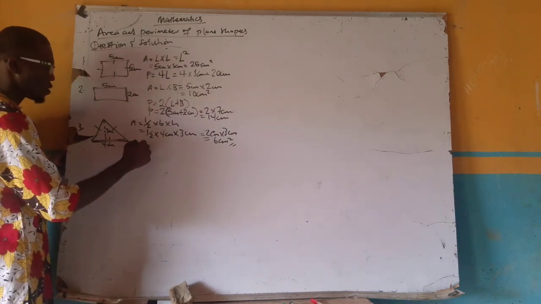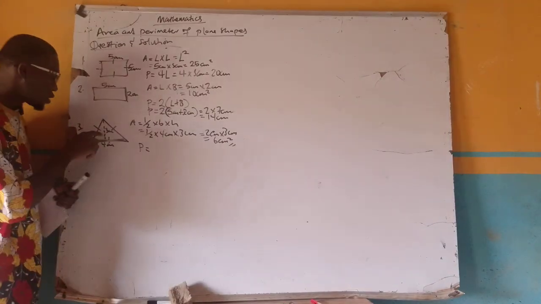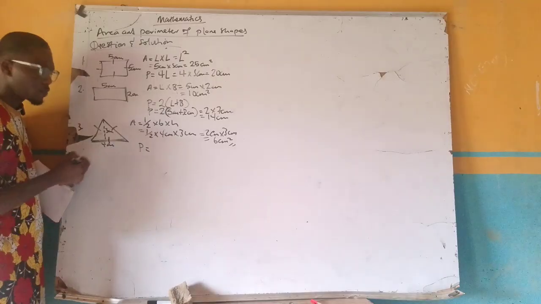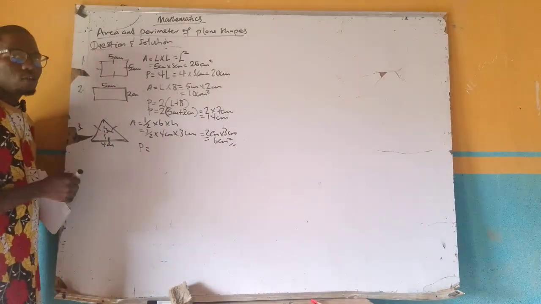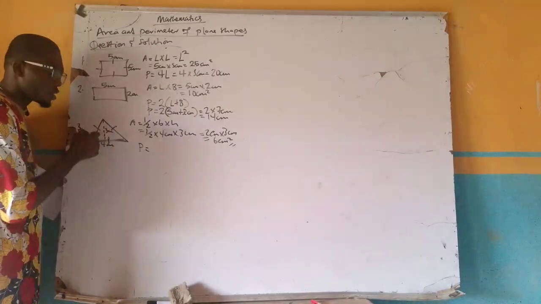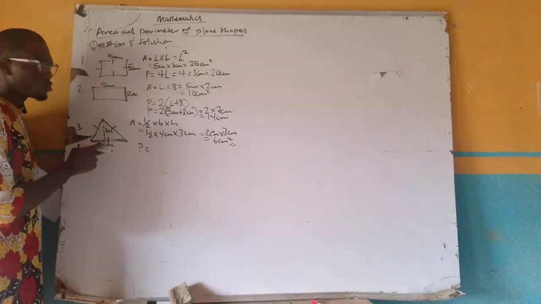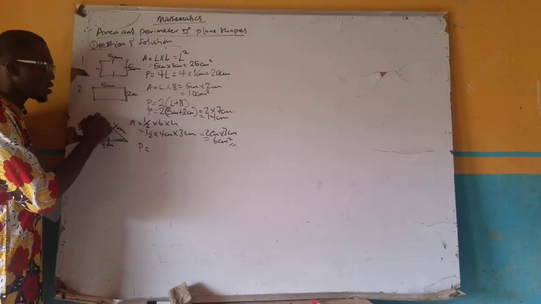Okay. So for us to calculate the perimeter of this triangle, if you look at it, we will discover that we have these 3 markings here. What does that tell us? It tells us that this is an equilateral triangle where all the angles are equal, which is 60, 60, 60, and all the sides are equal. In this case we have 4 centimeters here, 4 centimeters here.